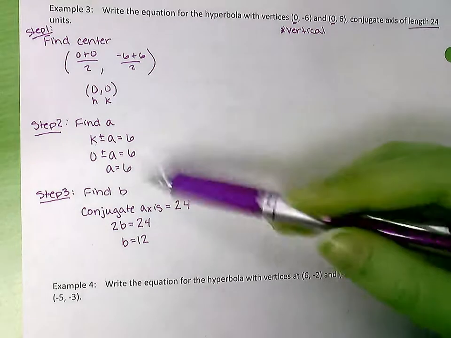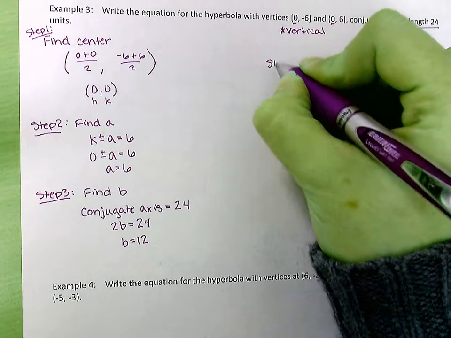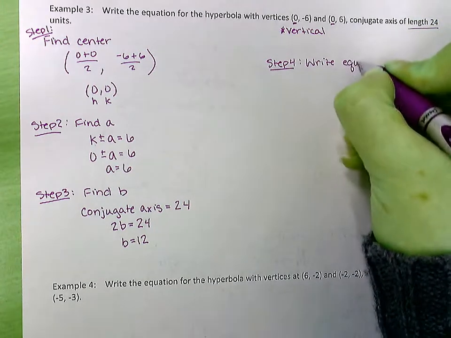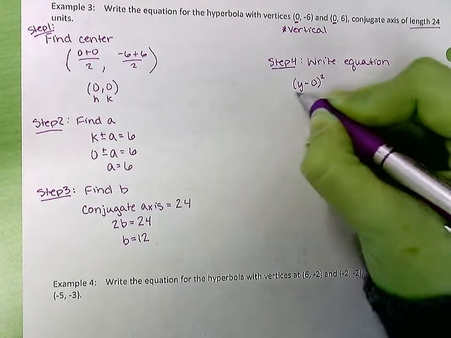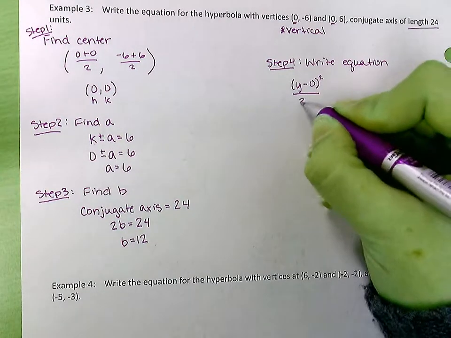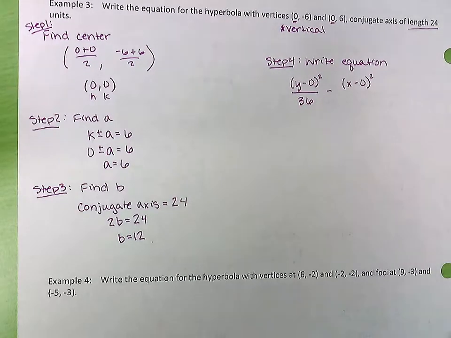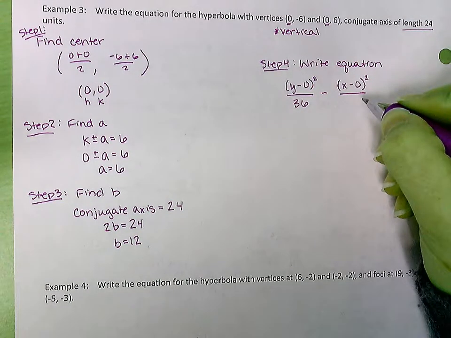Okay, so now I have H, K and I have A and B. So I can go to step 4, and that is to write the equation. Since it is vertical, we'll have Y minus K squared over A squared. So 6 squared is 36, minus X minus H squared over B squared.